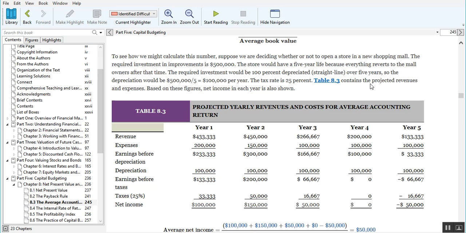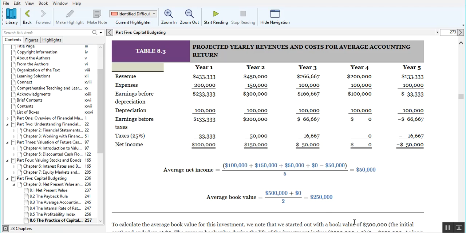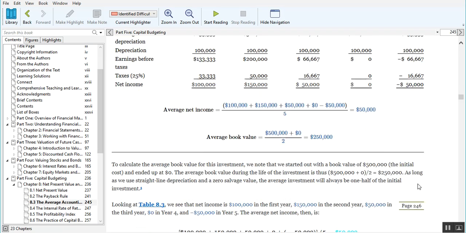So we're going to depreciate $100,000 a year, but we're going to take that book value, which is 500,000, and divide by 2. We have a zero book value at the end because we've used it all up. So we start with 500,000, and after 5 years, the book value is gone. So the average of that is 250,000.